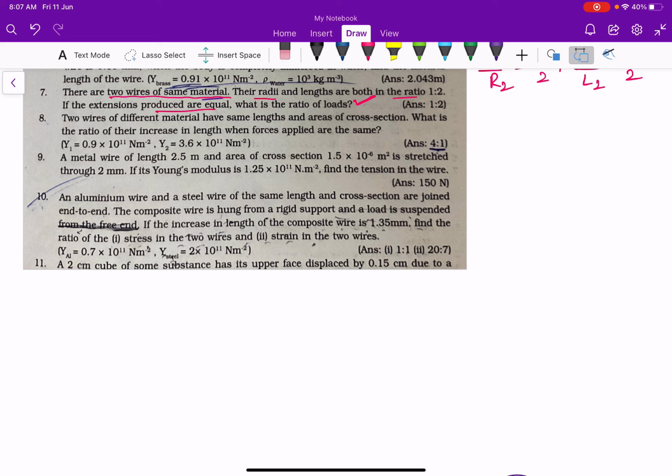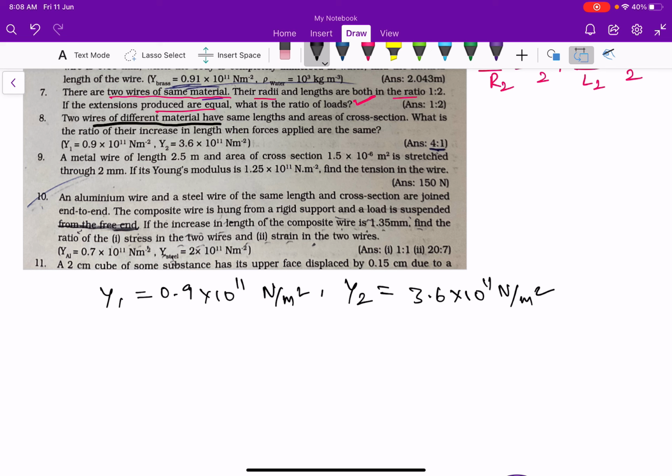So here two different wires are there, that is, Young's modulus is different. Young's modulus of the first one is 0.9 into 10 to the power of 11 newton per meter square. Young's modulus of the second wire is 3.6 into 10 to the power of 11 newton per meter square.